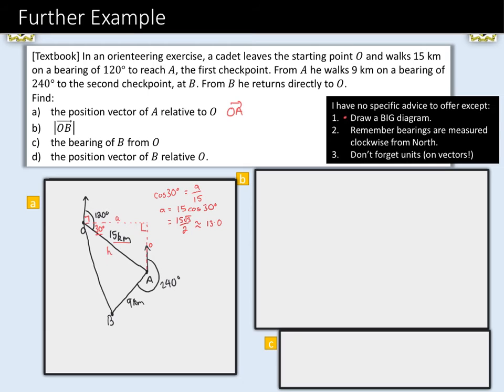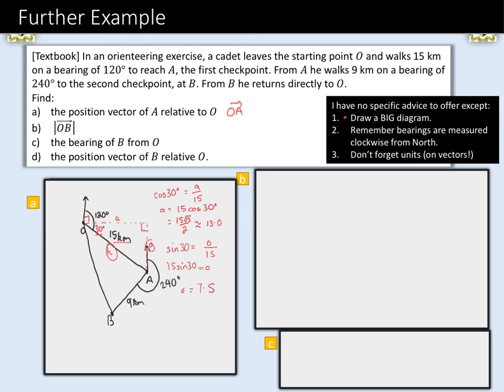If I wanted the j component, I need the opposite side here. That's going to be using sine because I've got the hypotenuse. So sine of 30 is equal to opposite over hypotenuse, so the opposite is equal to 15 sine 30, which is 7.5.